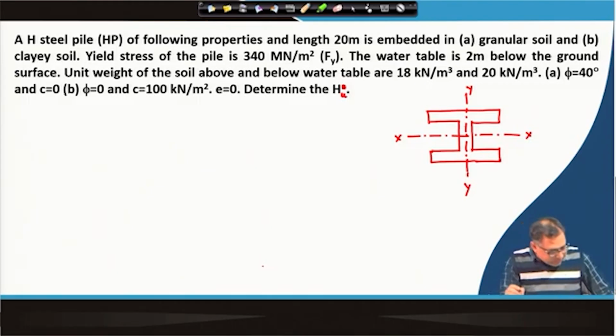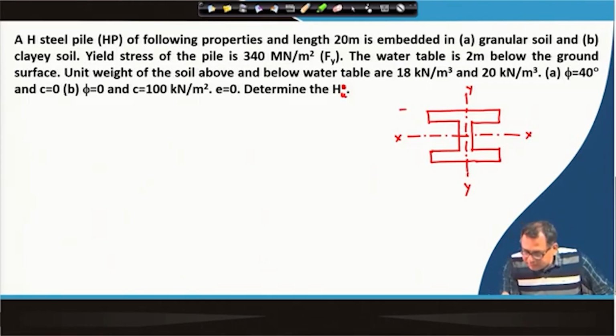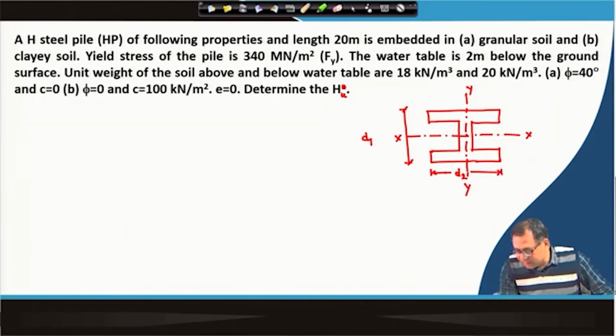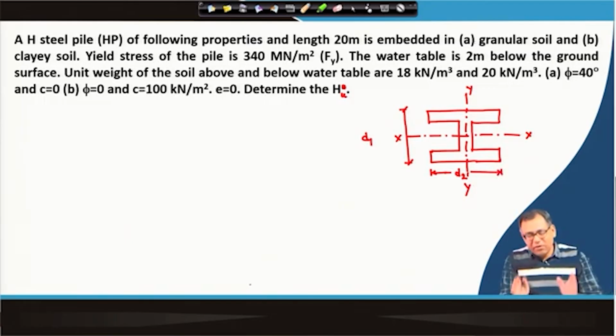Now, there are different terminologies. This is D1, which is the depth of this section, and this is D2, which is the width of this section. These D1 and D2 values are available depending upon which section you are using.